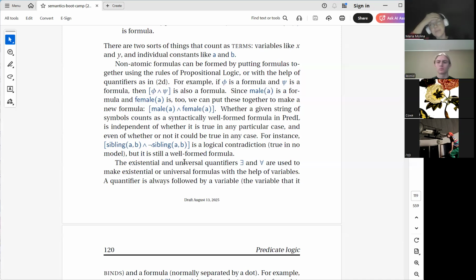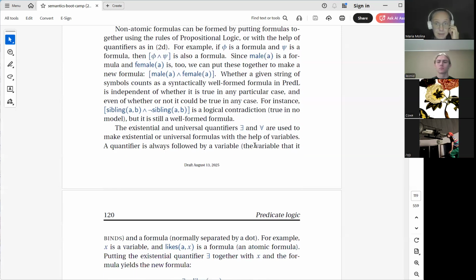Which is actually well represented in Noam Chomsky's sentence, green ideas are fiercely asleep, or something like that. So it's still a well-formed sentence, right? Though it contradicts reality.